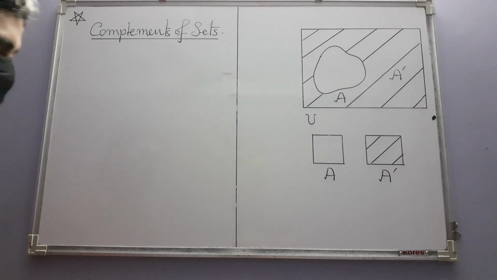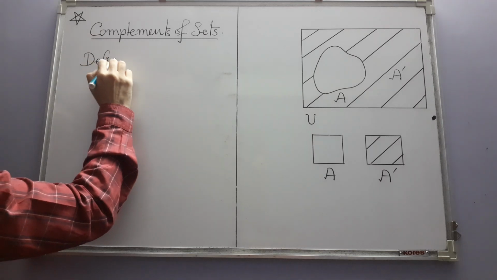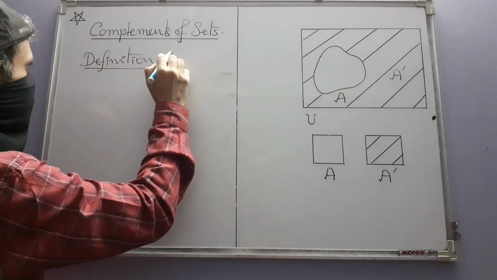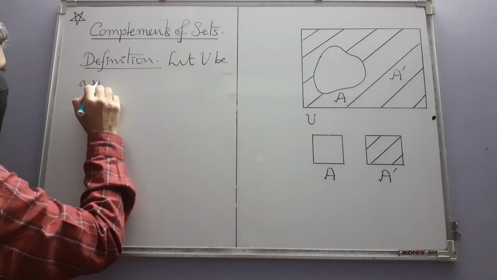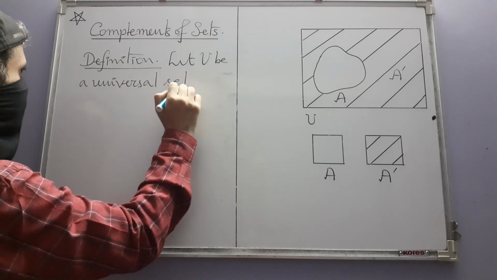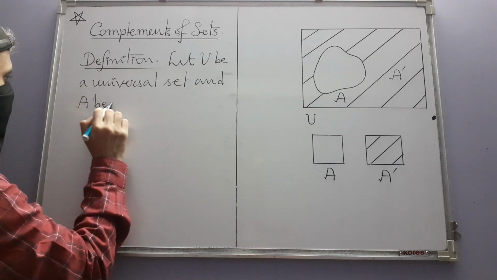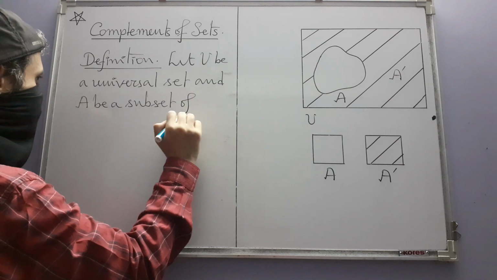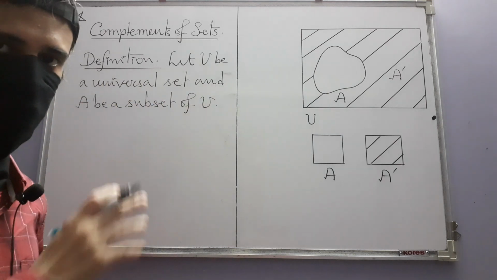The general definition goes like this. Let U be a universal set and A be a subset of U. This U and this A are not the previous sets in that example, okay?